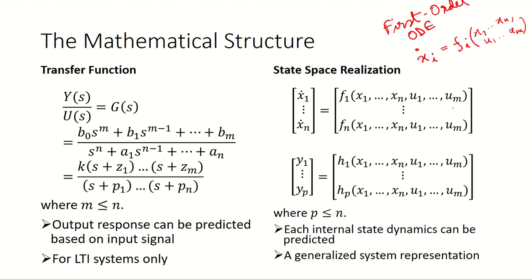However, this is the general form that I am talking about, and in this general form, f1, f2, f3, fn can be any nonlinear function. It might so happen that x1 dot is x1 square plus e to the power of x2.